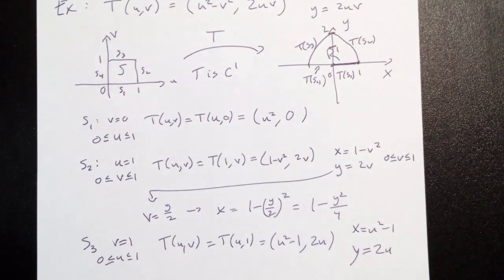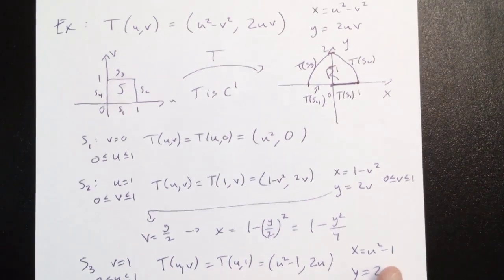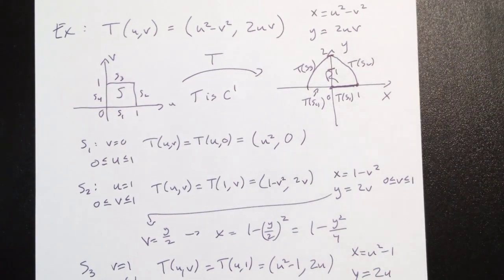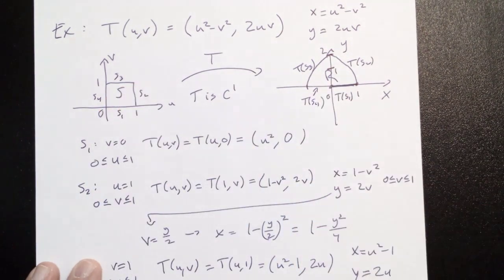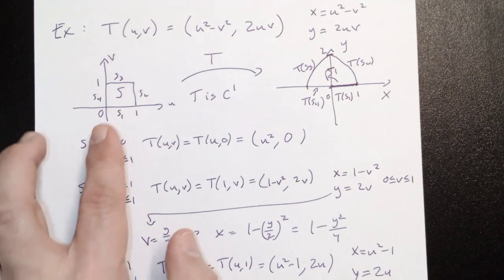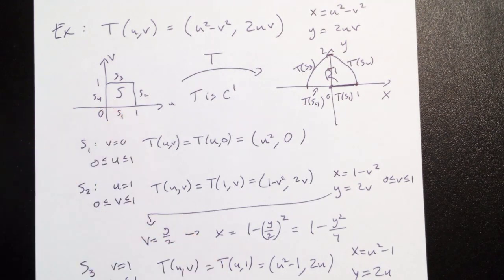And what I have in front of me is a transformation that takes one shape to the other. Right here, these equations start in U and V and give me X and Y. If I could measure the distortion from here to here, then I could integrate over here instead and just adjust dA.